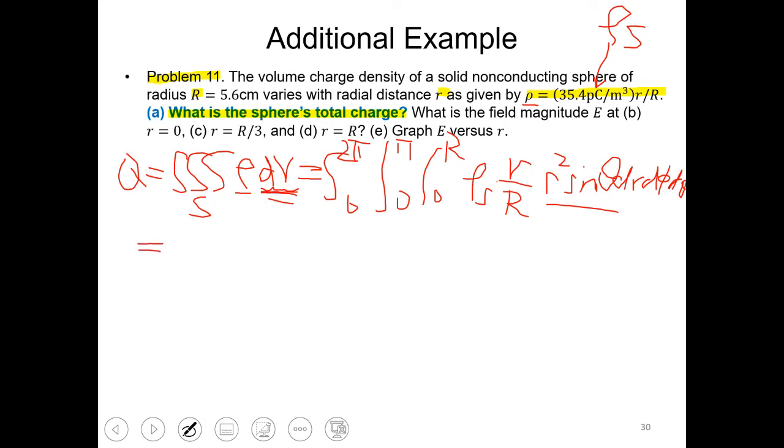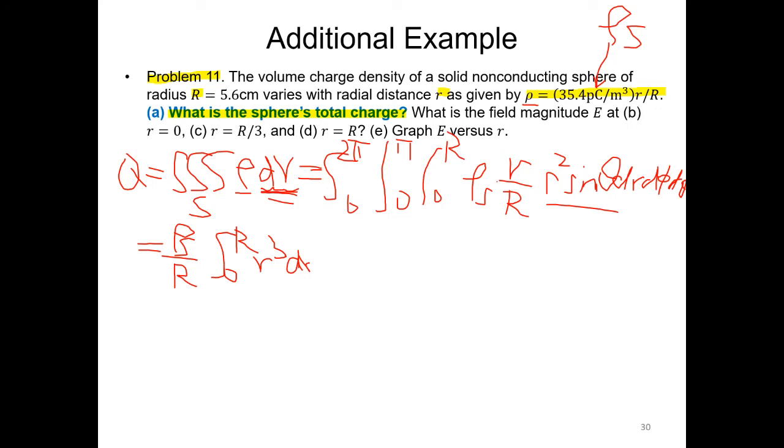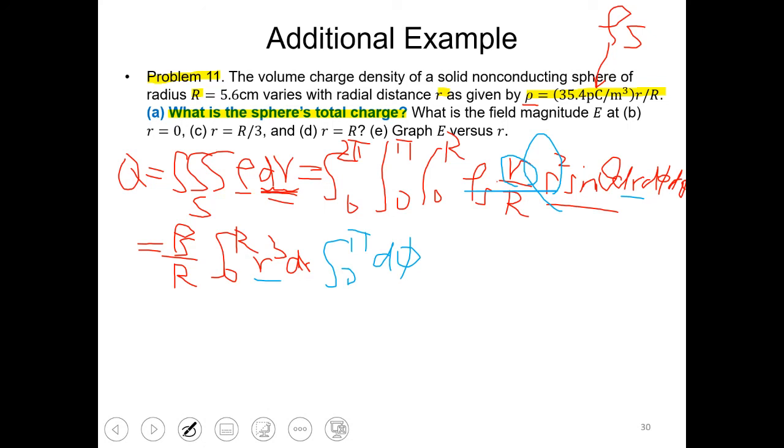It will be something like rho s over capital R, and we have the integral from 0 to R of r cubed dr, because we have one r and r squared, so we turn out with r cubed and then dr. For the next one, we have d phi from 0 to 2 pi, and then 0 to pi of sine theta d theta.